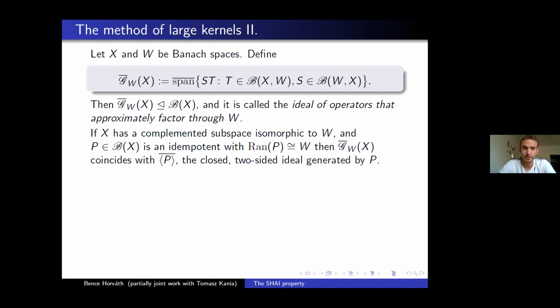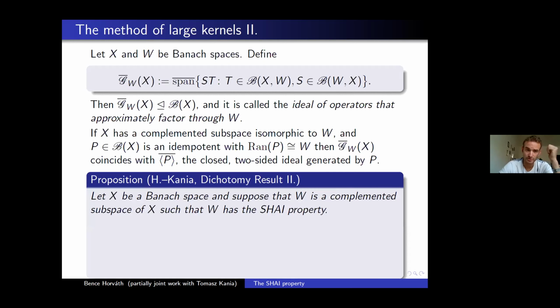We will be particularly interested in the case where W is isomorphic to some complemented subspace of X. In this case, if we take an idempotent with range isomorphic to W, then this ideal simply coincides with the closed two-sided ideal generated by this idempotent P.